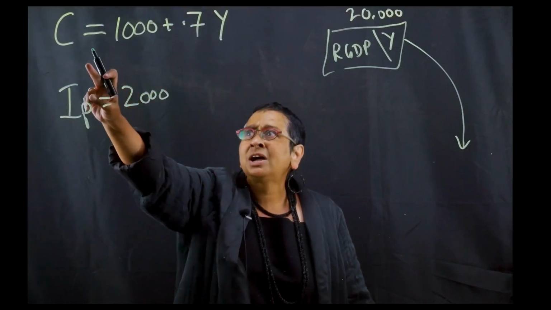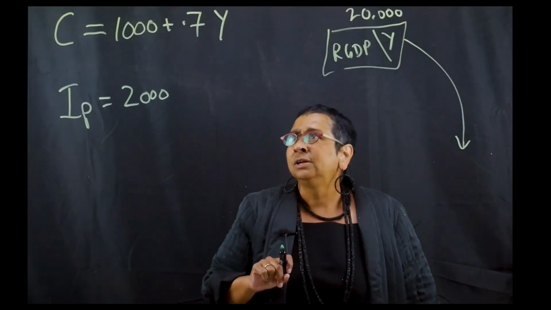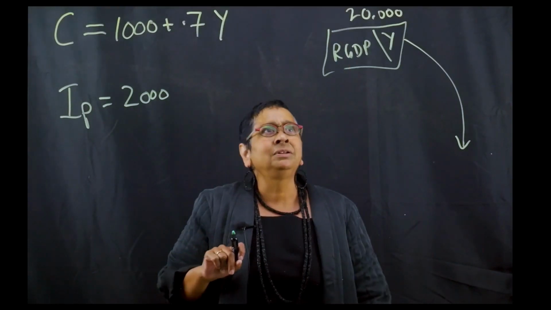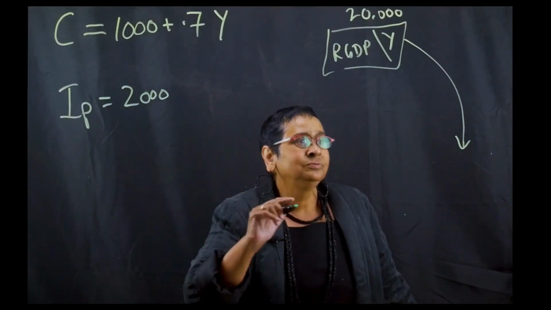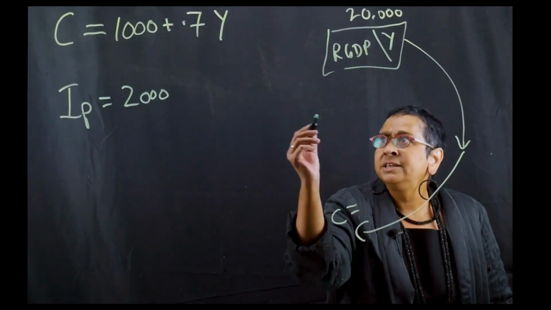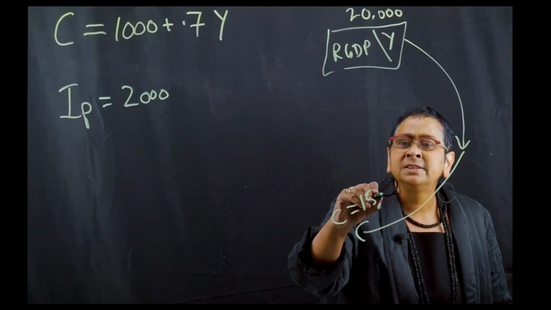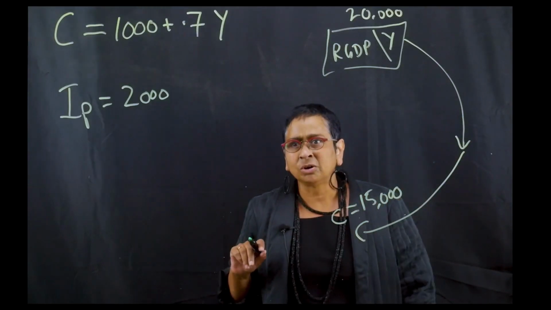And how much do the households consume? Well, I can figure that out by using that consumption function. So with an income level of 20,000, consumption is equal to 15,000.